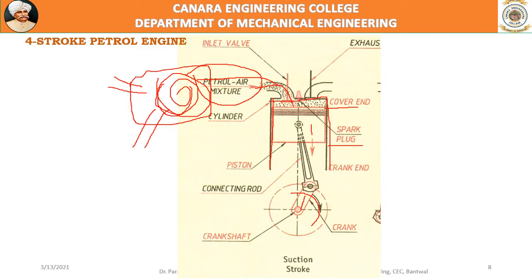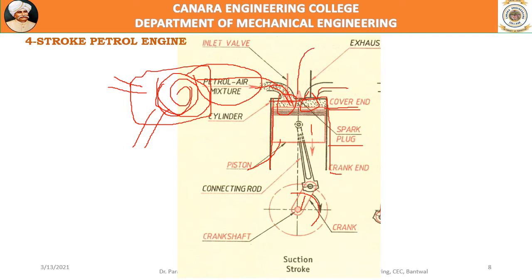This is called the crank end, and this is the cover end, the top end. And this is the inlet manifold, this is the exhaust manifold, here is the inlet valve, here is the exhaust valve, and this is the spark plug.